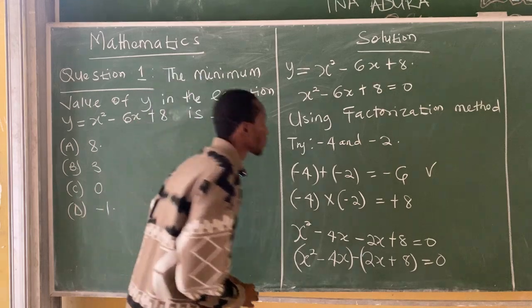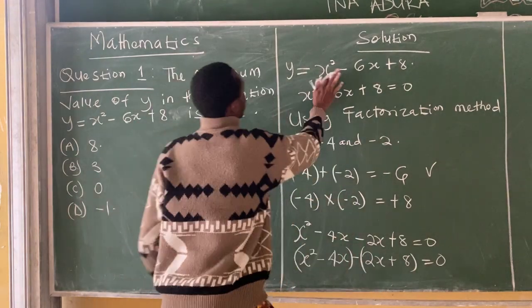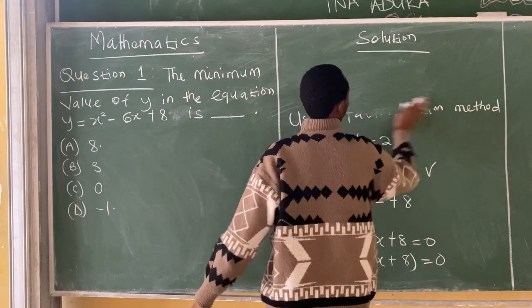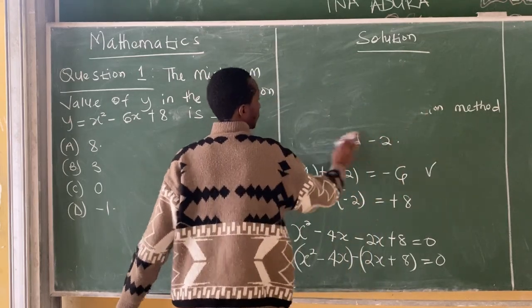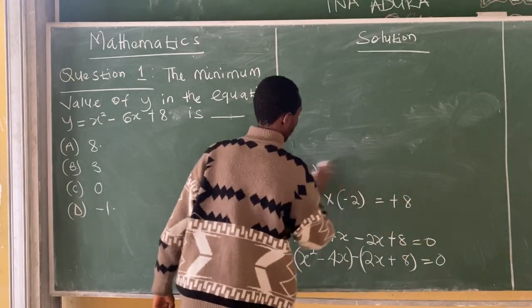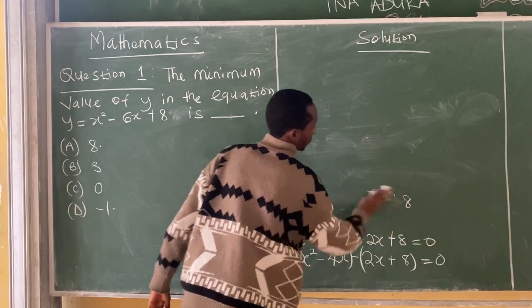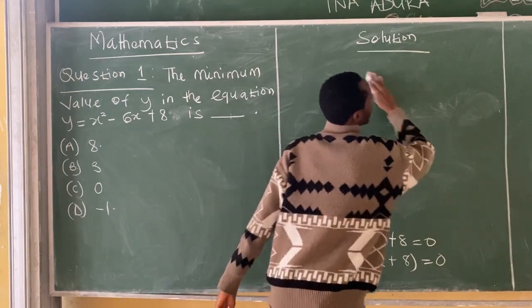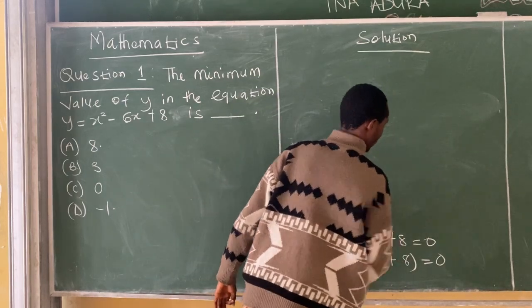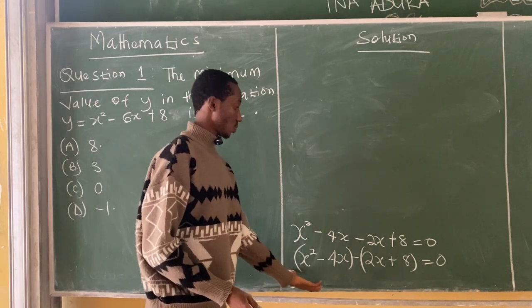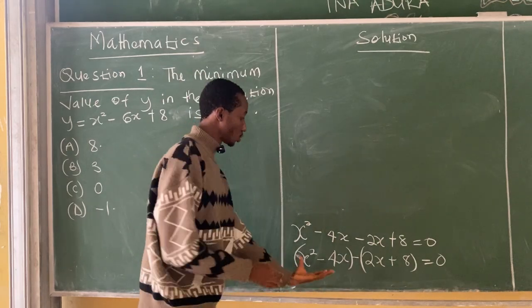What do we do? This is what we have here. What's the next thing we need to do? We need to factorize this.